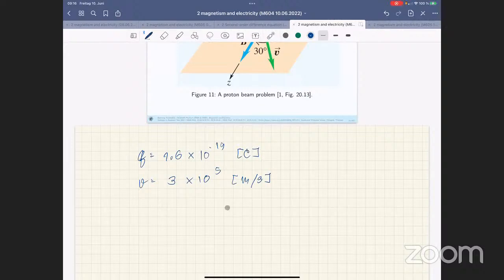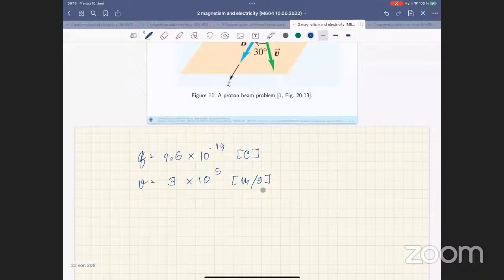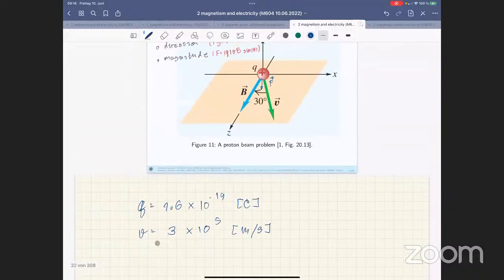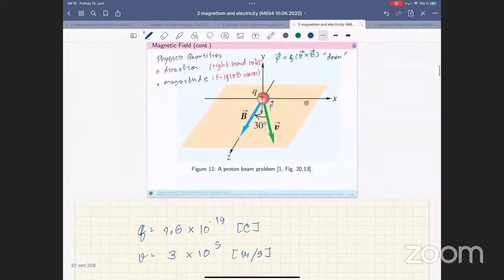One important thing I need to mention to you, even though we didn't see each other in physics before: if the velocity or the speed of any particle or any object is close to the speed of light, you cannot simply use all of these formulas. You have to use Albert Einstein's relativistic theory.